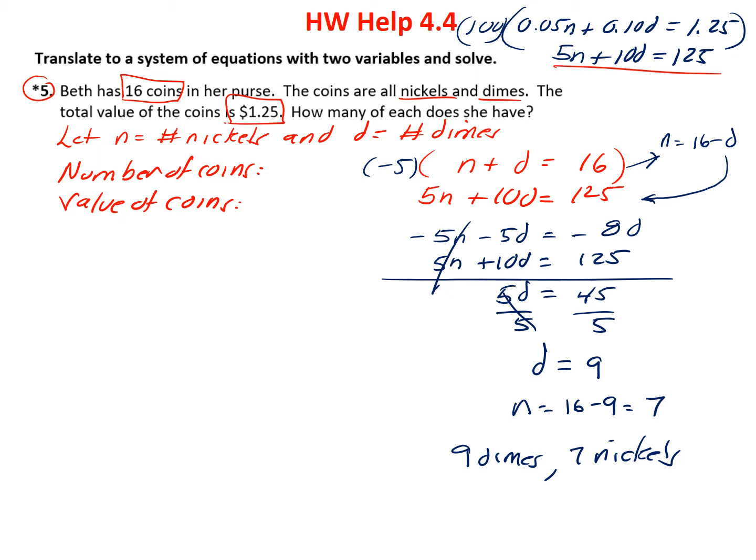5 times the nickels, and we discovered that the nickels are 16 minus d, plus 10d equals 125. So when we distribute, we have 80 minus 5d plus 10d equals 125.